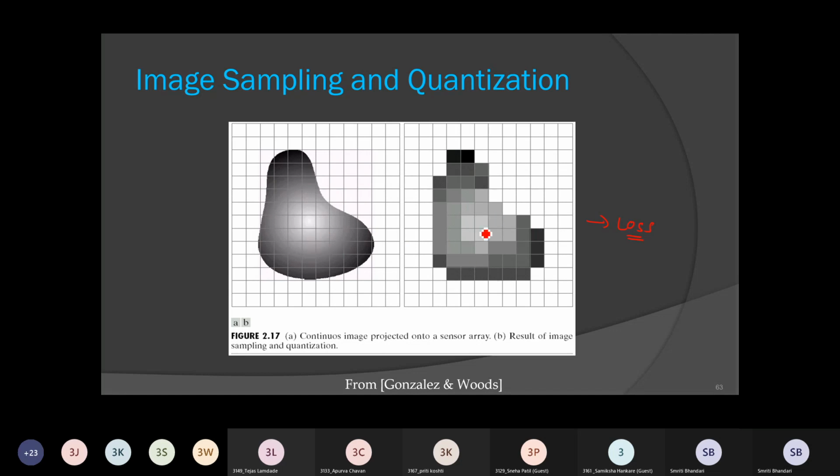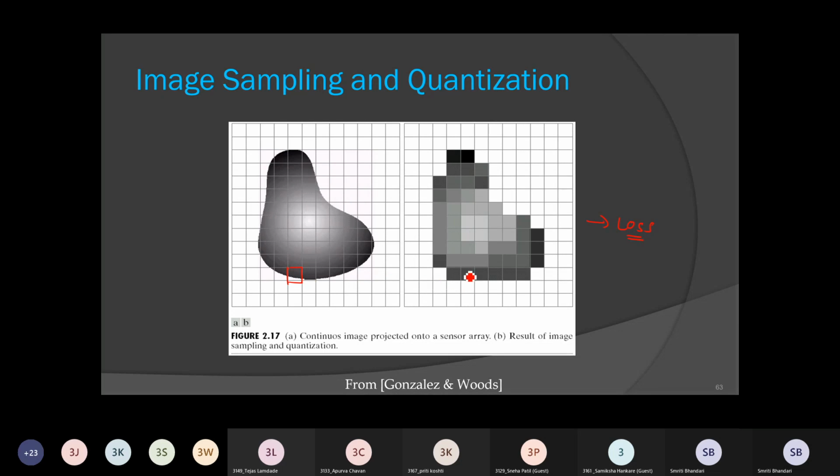See here, the number of intensity values is more, and in this particular image, the intensity values are less. The reason is we have quantized the intensity values. Here, the number of points in the image is more, while here we have sampled this image. If you consider this particular block, we have lots of intensity values.